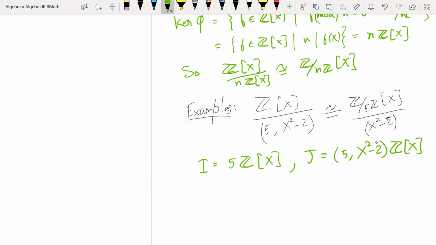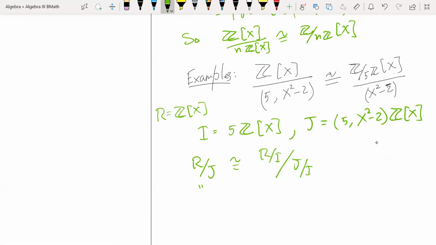So what does the third isomorphism theorem say? It says that R mod J, where R is of course Z[x], by the third isomorphism theorem, R mod J is isomorphic to R mod I modulo J mod I. R mod J here is the left hand side, so this is Z[x] mod (5, x squared minus 2).